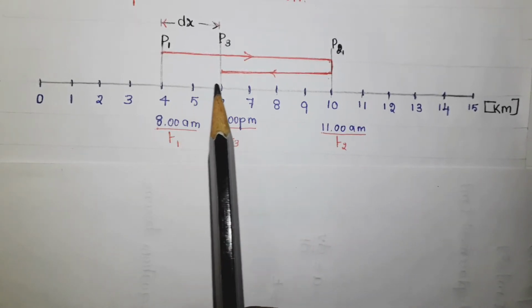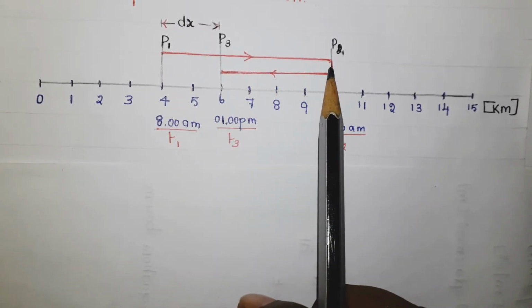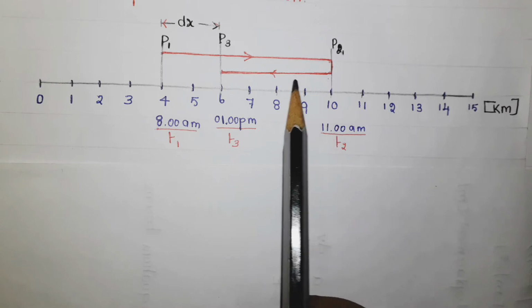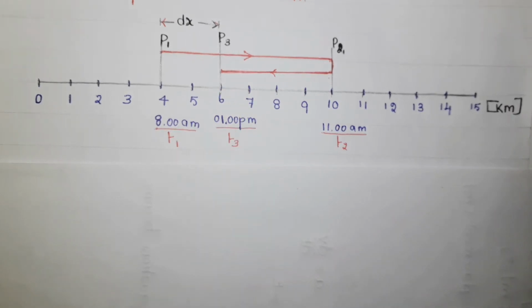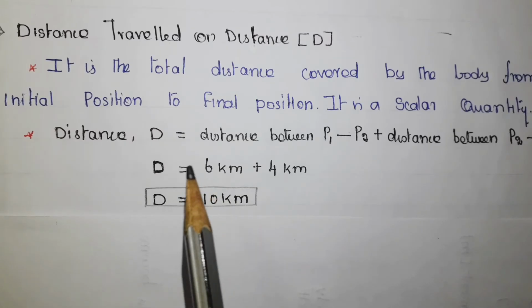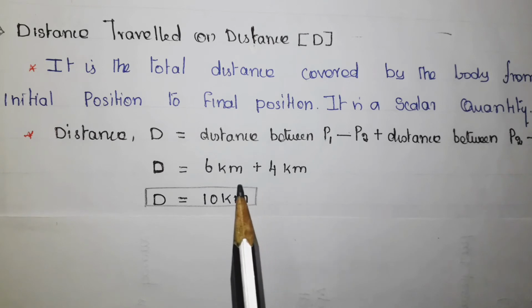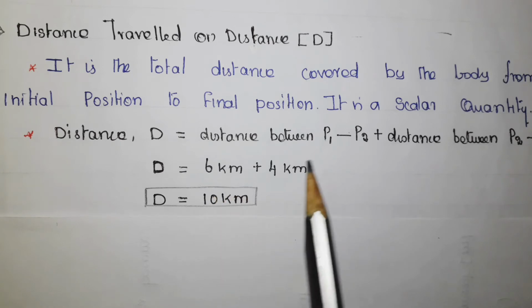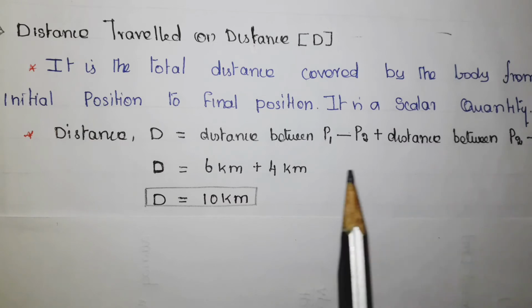So the distance traveled by the particle is this 6 kilometer forward motion, then 4 kilometers in the backward motion, so totally 10 kilometers. This is represented as the distance between p1 and p2 plus the distance between p2 and p3: 6 kilometers between p1 and p2, and 4 kilometers between p2 and p3. Finally, it is 10 kilometers.